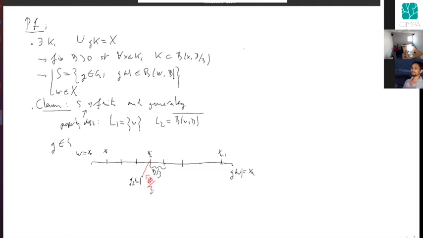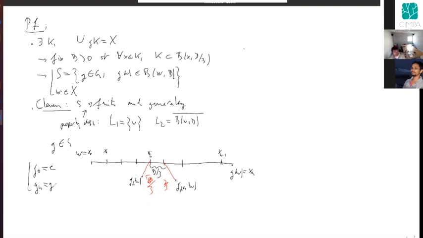Similarly here, I have something smaller than d over 3, connected to some gj plus 1. For x naught, I pick the neutral element. I want G0 to be the neutral element of the group, and Gn to be exactly G.